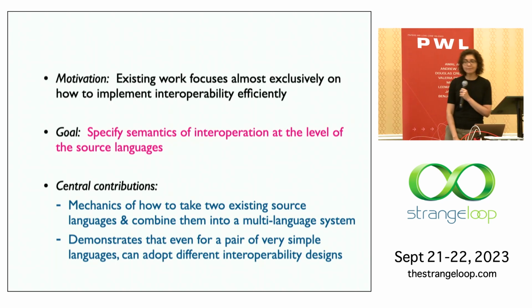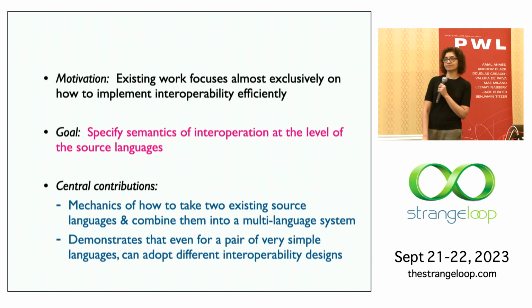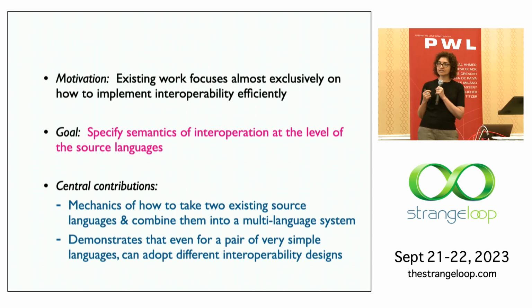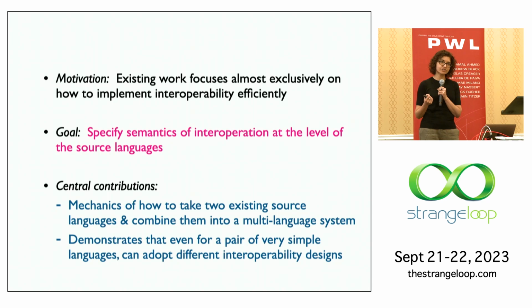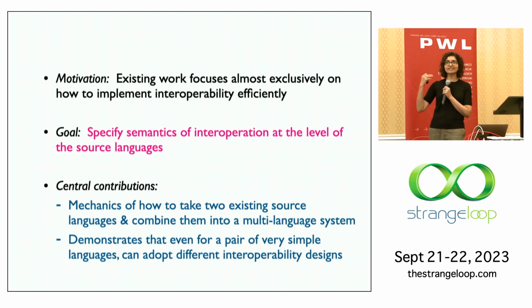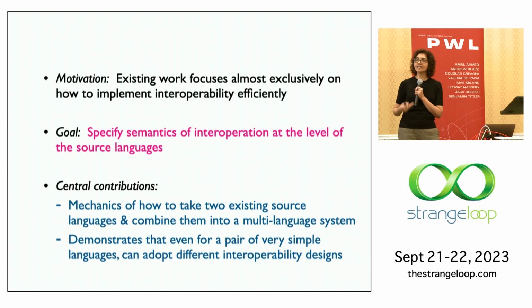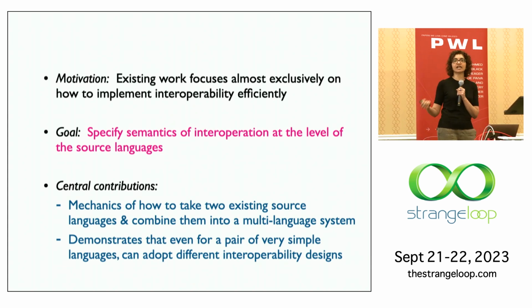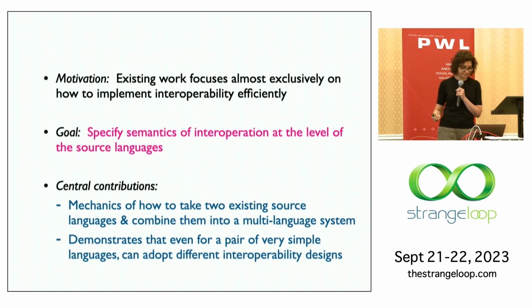So the central contribution of this paper is basically to give a mechanics, a recipe of how to take two existing languages and put them together in a very nice, simple, uniform kind of way. And in the years that have followed, other people were able to pick it up and apply it to other more challenging case studies of languages.